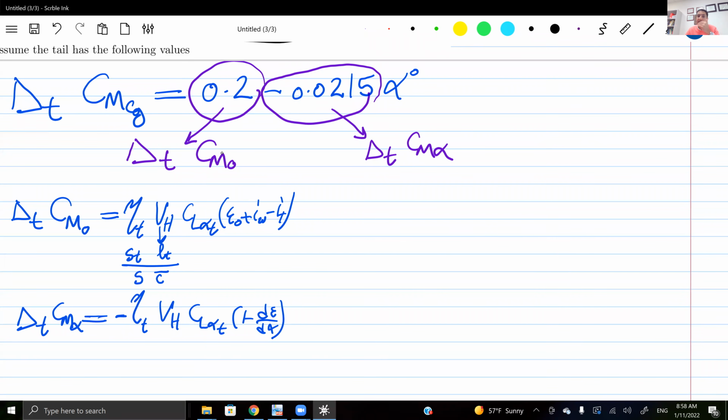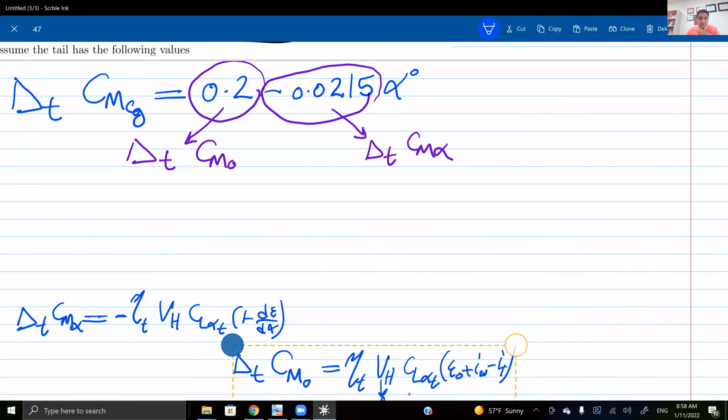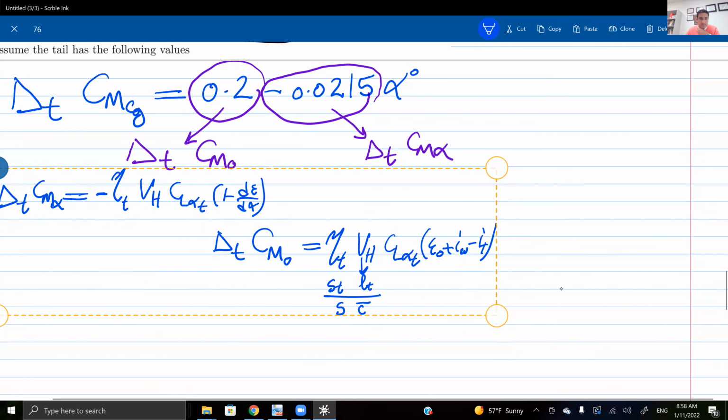Hopefully this gives me an equation for S tail and I tail, and the same here, and I'm done. I'm going to move this aside now and just start with this.